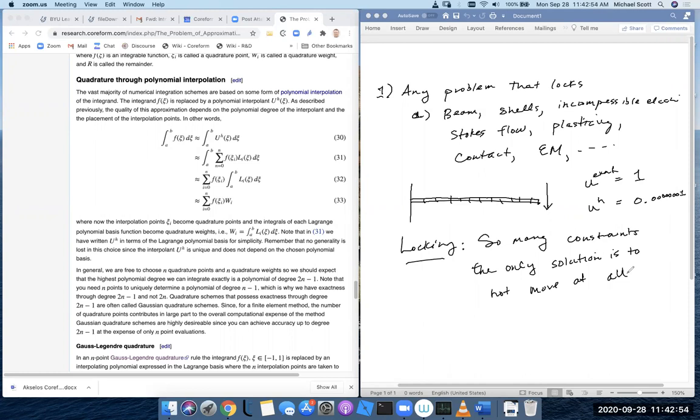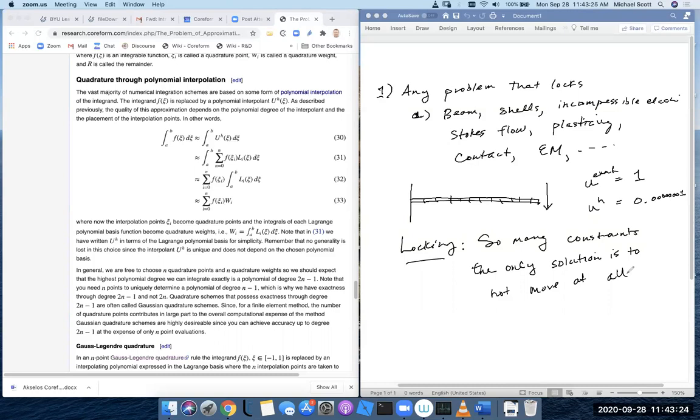Like, for example, if you have a problem where the strain equations were supposed to be satisfied, let's say, in some degree p-1 space, but instead you satisfy those strain constraints, maybe you pick like a p+1 basis.